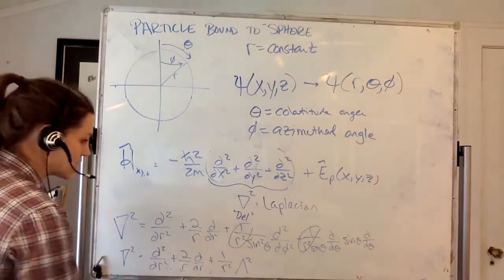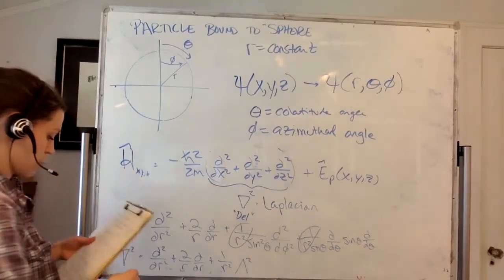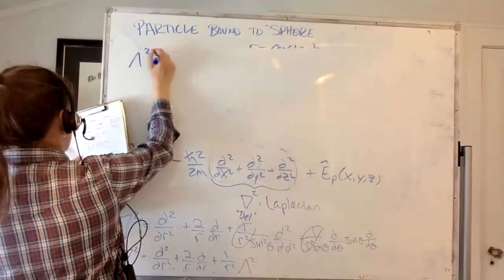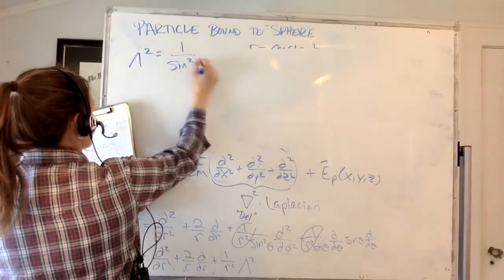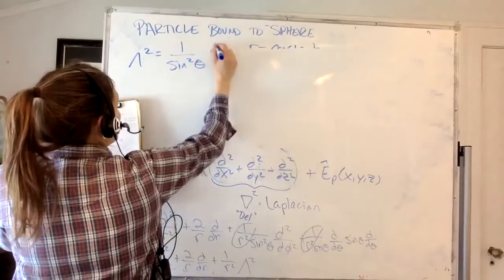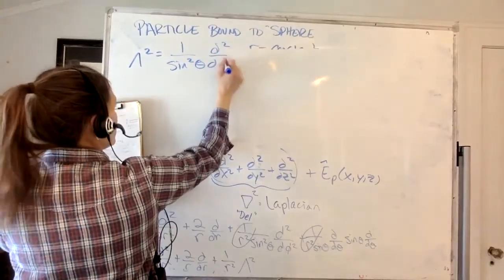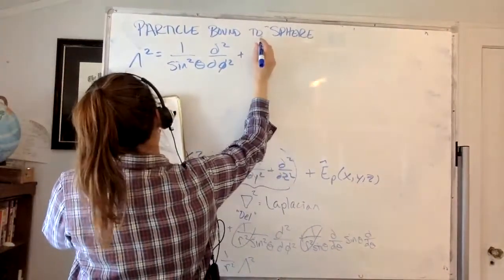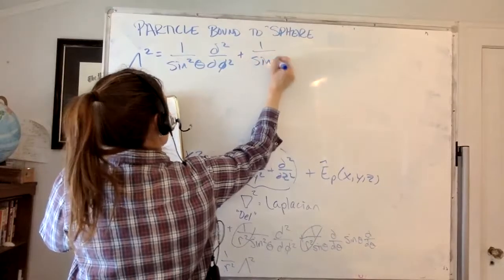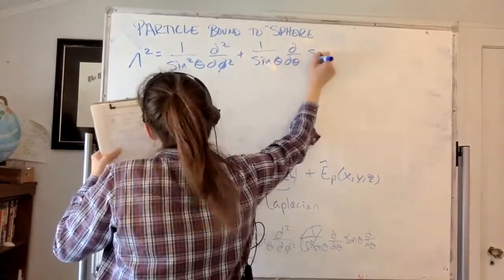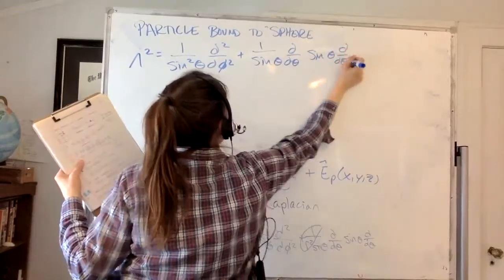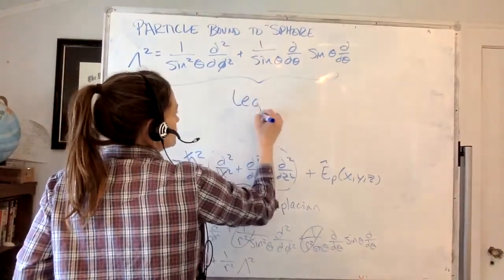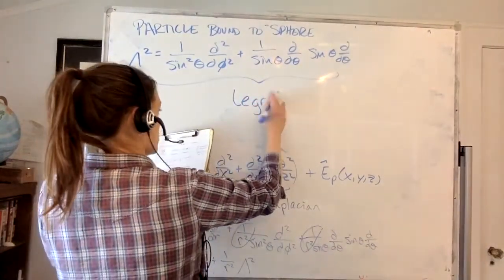And this big lambda squared equals 1 over sine squared theta partial squared partial phi squared plus 1 over sine theta partial theta sine theta partial theta. Okay, cool. This whole thing is known as the Legendrian.